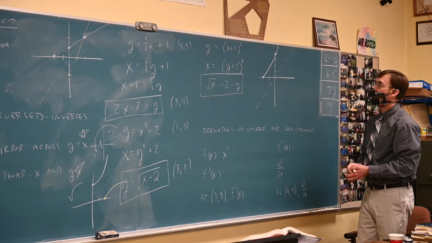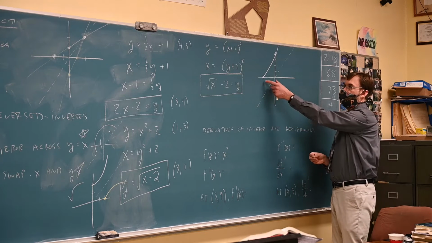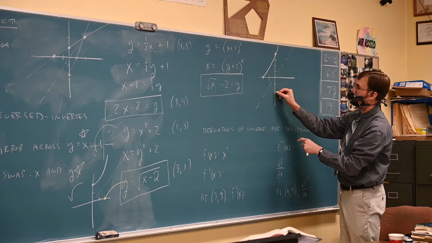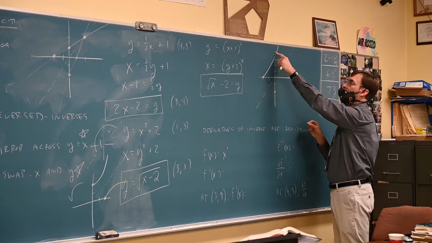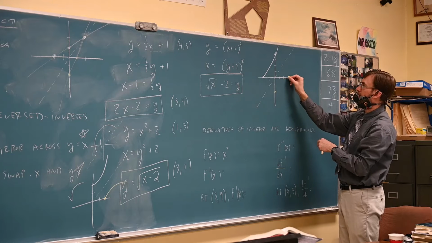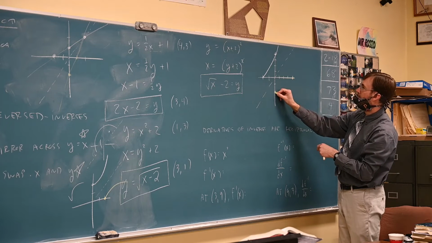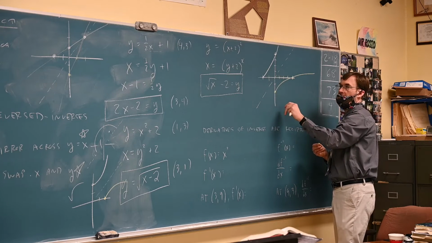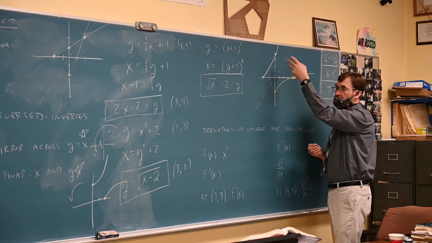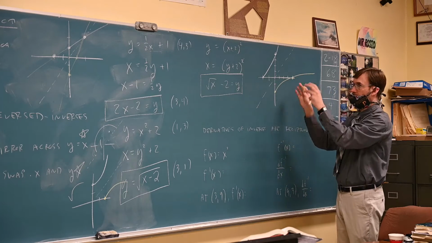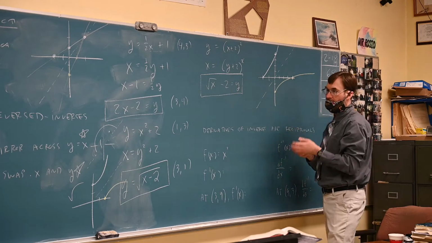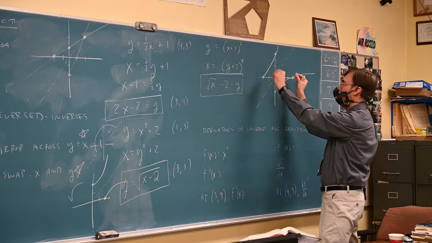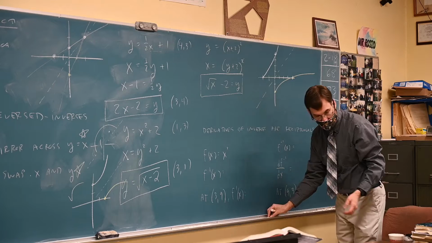If I were given that pre-existing graph and I needed to do an inverse, the left 2 would become a down 2, and the up 4 becomes a right 4. Sort of create a swoopy thing, they mirror each other. So left, rights just become up, downs, x's and y's switch, and we can mirror that either by visually just drawing a happy face, or by picking a couple points and just switching them.